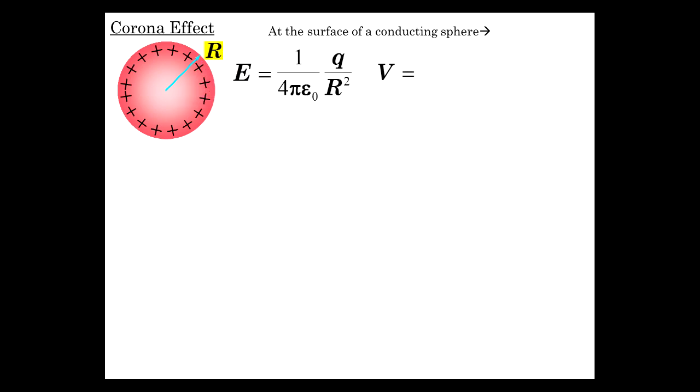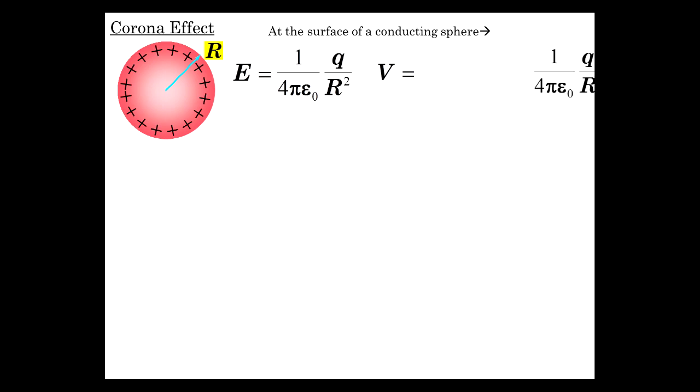Well, now let's consider a very interesting effect known as the corona effect, or corona glow, or corona discharge. Starting with a conducting sphere, at the surface of the sphere, the electric field is kQ over R squared.